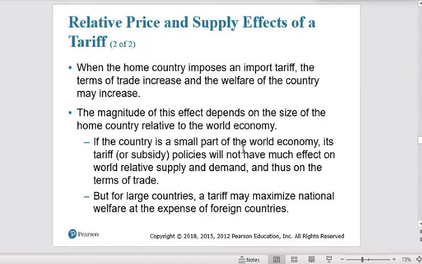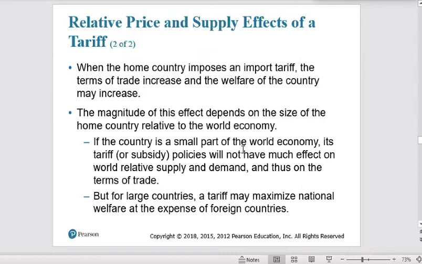Now, this is the story, right? We have completed the story for a small country. But for a big country like China, for example, 1.3 billion people, all right? And China represents about, let's say, 40% of the world's consumption of banana.